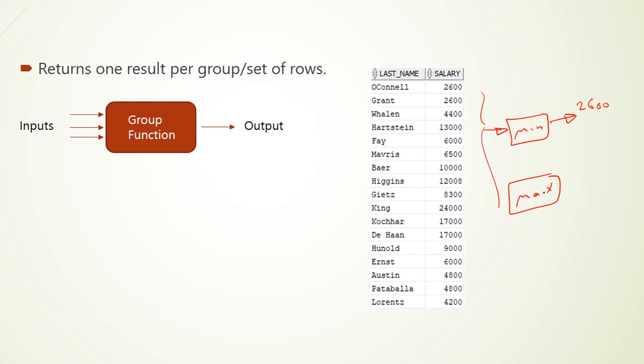The maximum function also accepts as arguments or as inputs all these salaries and returns only the maximum salary, which is 24,000. So minimum and maximum are group functions. They accept inputs or arguments and return one output per set of rows or per group of rows.